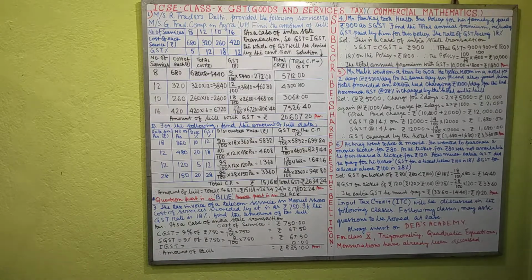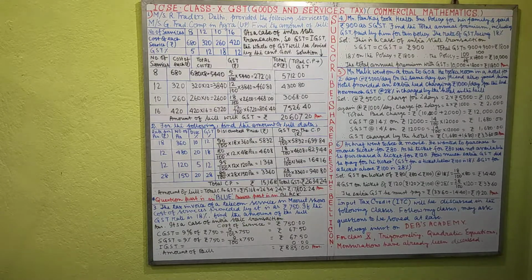Next, number of services is 12 and cost of each is rupees 320. So total cost equals 320 into 12, that is 3840, and GST at 12% is rupees 460.80, and total with GST equals rupees 4300.80.